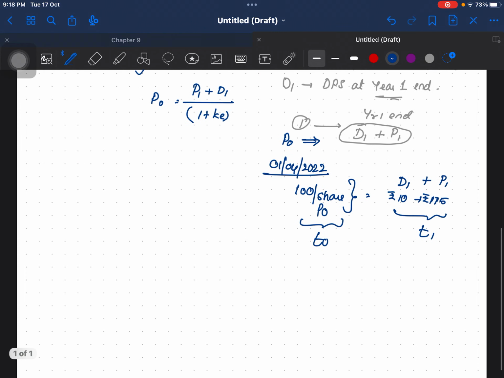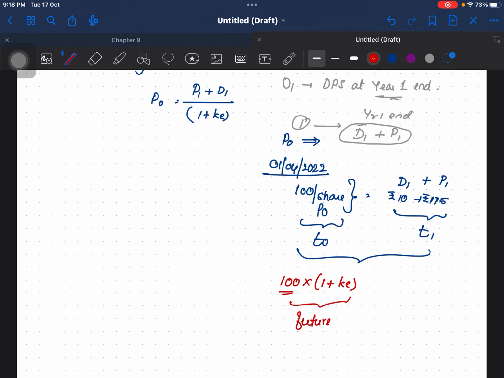Now if you want to equate, you can also write 100 into 1 plus KE. 100 is the present value, that is P0. When you compound P0, you get the future value. So this is the future value of one share.